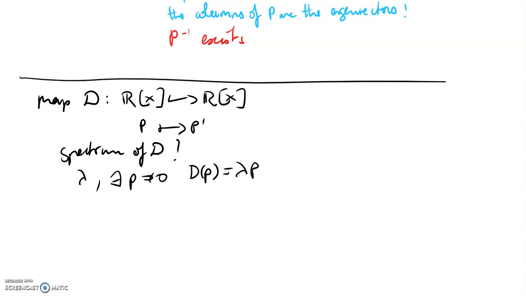Okay, let's see what it means. D applied to P is actually going to be equal to P prime, which is equal to lambda times P, right? And P has to be different from 0. So first consideration, if lambda is different from 0, what do we get?